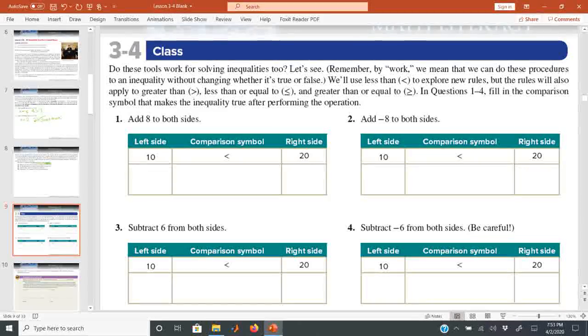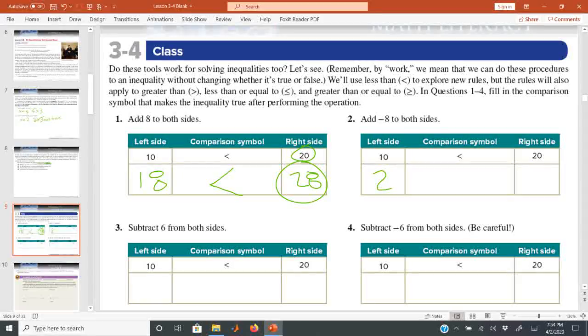Okay. The instructions are add 8 to both sides. 10 plus 8 is 18. 20 plus 8 is 28. Is it still true that 18 is less than 28? Is the baby bird still going to eat the number on the right? Yes. Okay. Number 2, add negative 8 to both sides. Adding negative 8 is like subtracting.